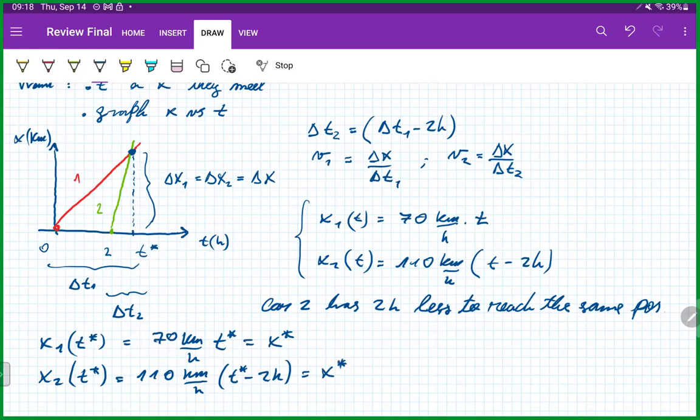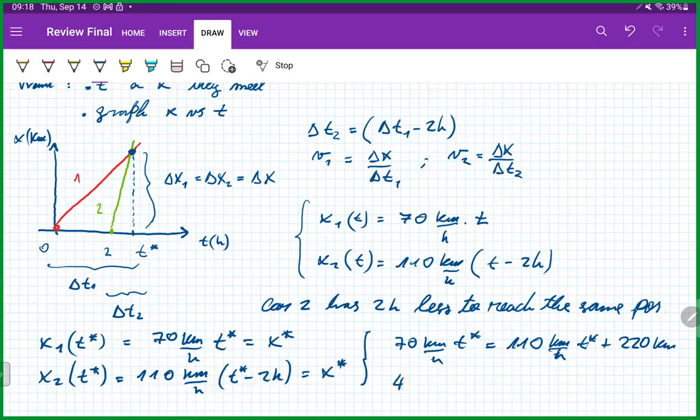Those two are the same, so we can equalize them. We have 70 kilometers per hour times t star equals 110 kilometers per hour times t star minus 220 kilometers. I just distributed the 110 over that parenthesis.